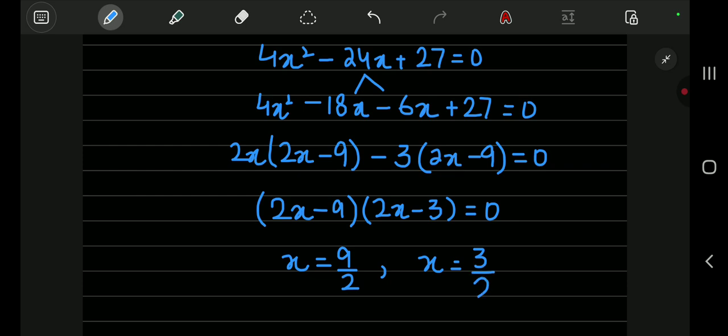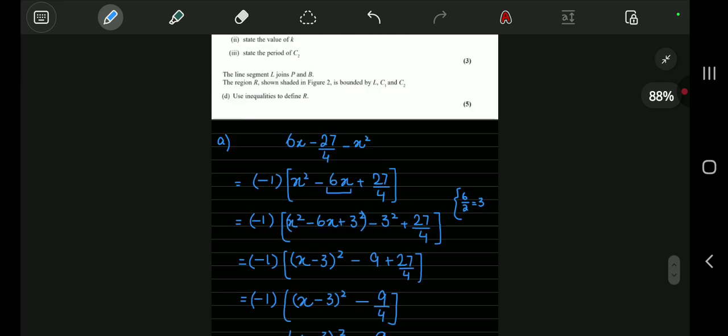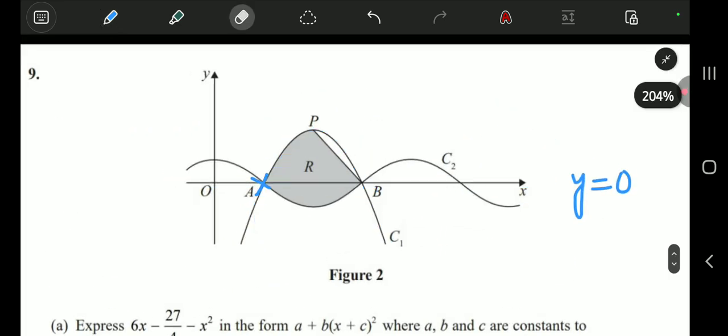So these are your two x values where the curve meets the coordinate axis, the x-axis. Let's plug in these values and show them on the curve, 3 over 2 and 9 over 2. For sure this will be your 3 over 2.